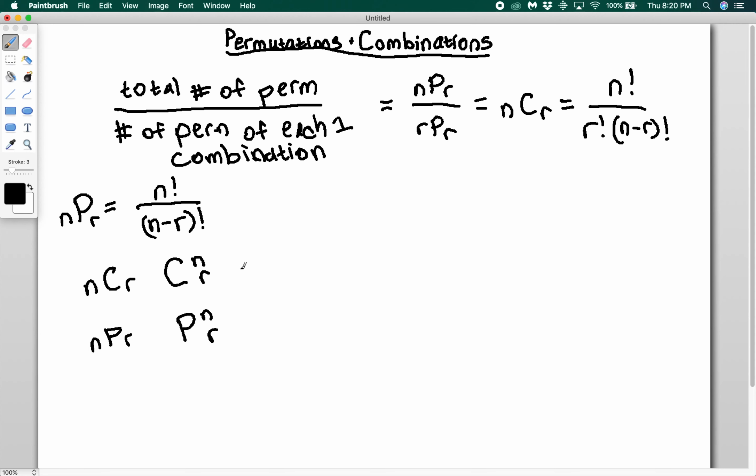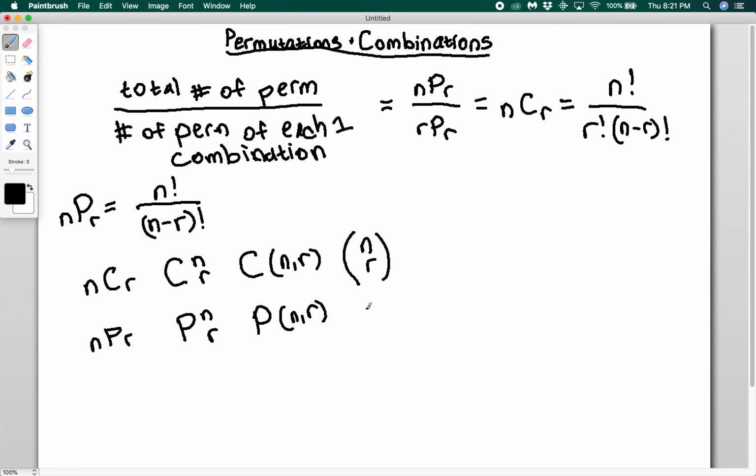You could also see C and r or P and r. And then just for combinations, the worst notation that you can use is this one, where it looks like it could be a vector or something, and that's just terrible. So I don't like this notation. But these are all notations that you could see in textbooks or in other videos, so it's a good thing to be aware of.